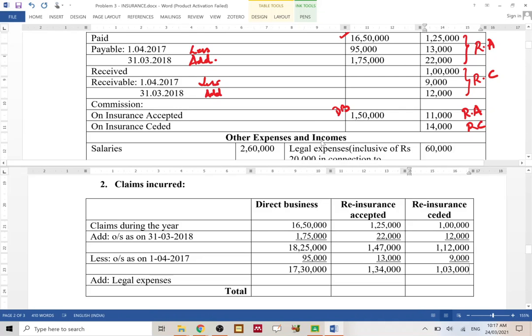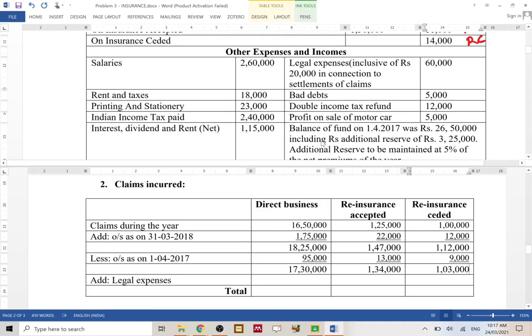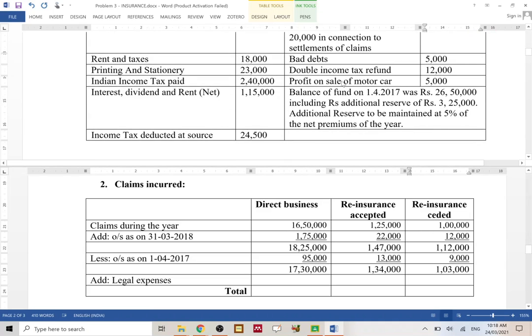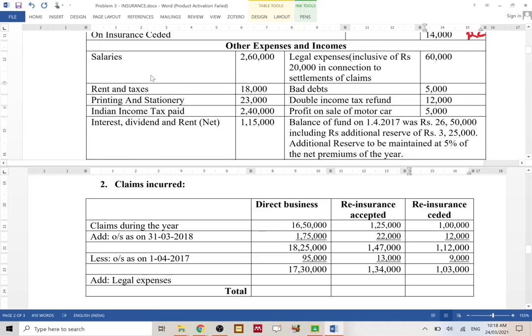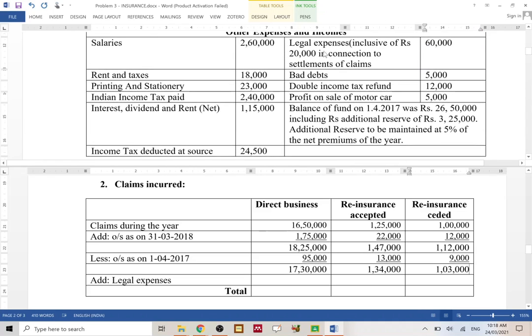Now, not the final totals as yet. There may be some adjustments that we should always look for in terms of claims. There could be some other type of expenses related to claims like surveyor's fees, legal expenses, etc. Okay. So, if you see this little additional information that is given to you, you are given things like all types of expenses, salaries, rent, print, interest and so on. You are also given that legal expenses are inclusive of rupees 20,000 in connection with settlement of claims.